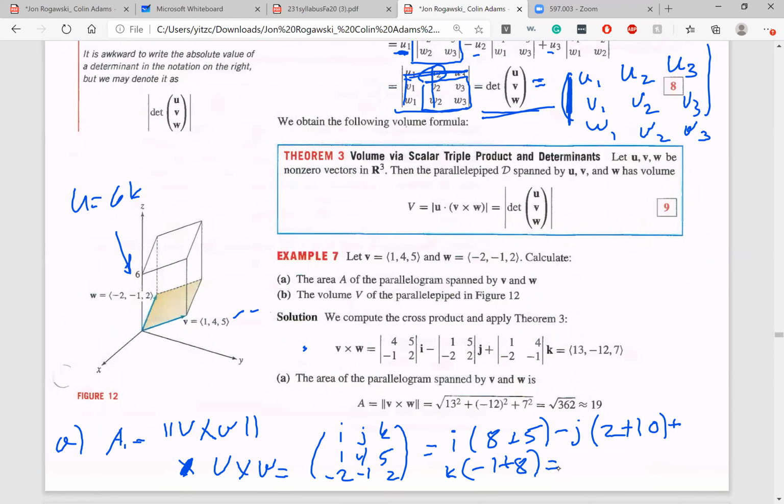So this is going to be the vector 13, negative 12, and 7.